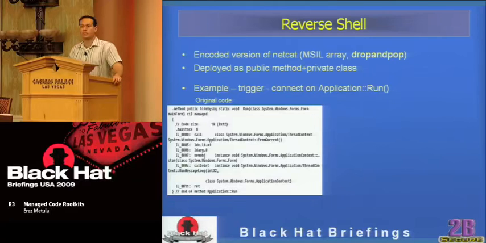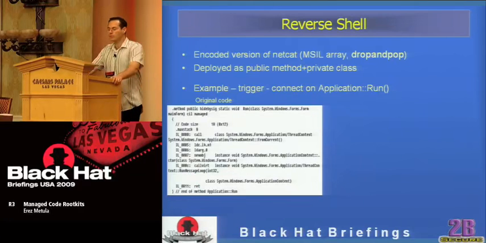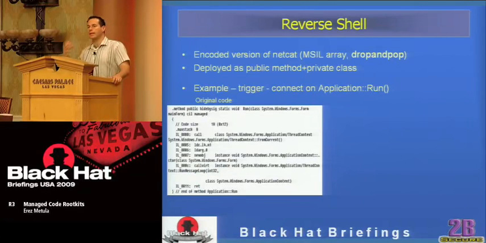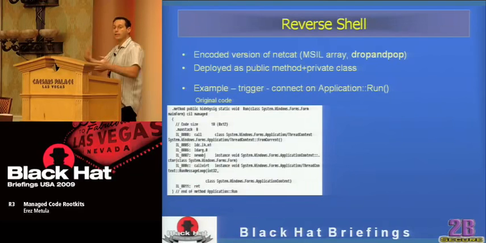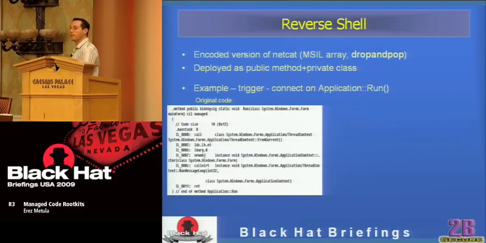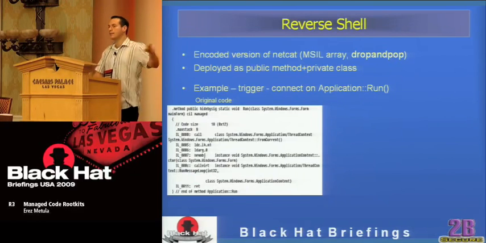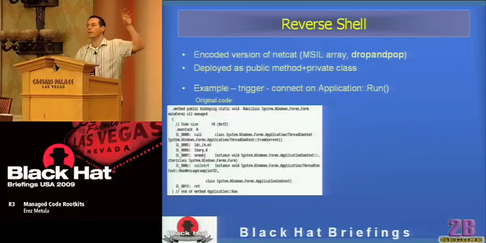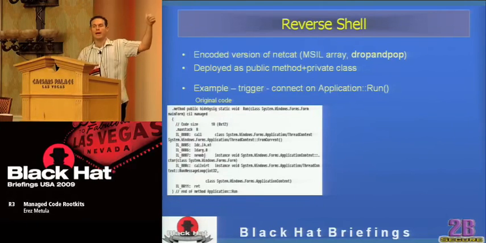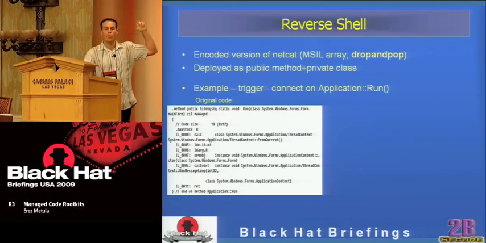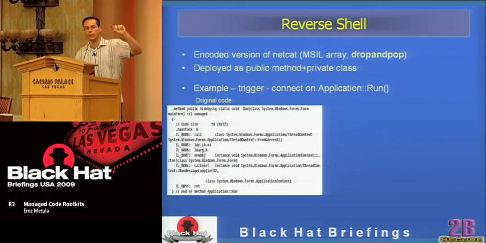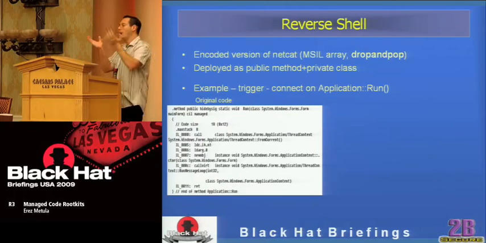Another example is reverse shell. In reverse shell, I'm injecting an implementation of reverse shell into the framework so that when specific functionality is executed, a reverse shell will be opened to the attacker machine. In this example, I've injected the code into a method that I've injected called reverse shell that will open back a connection to the attacker when a WinForm application is being executed.